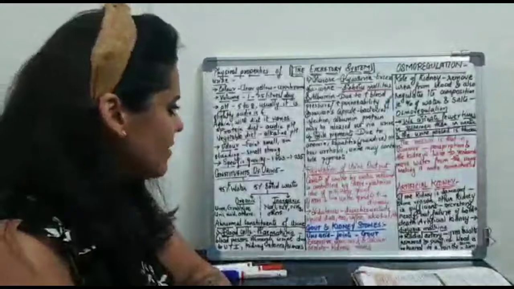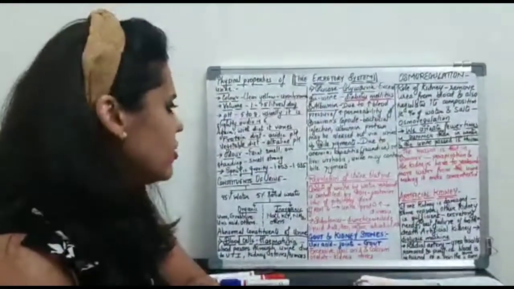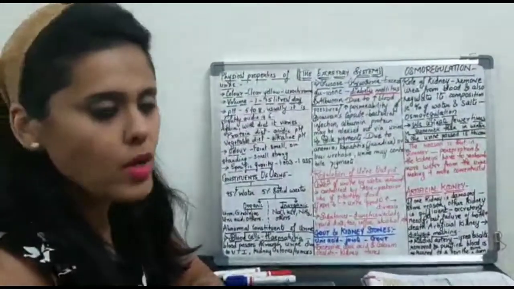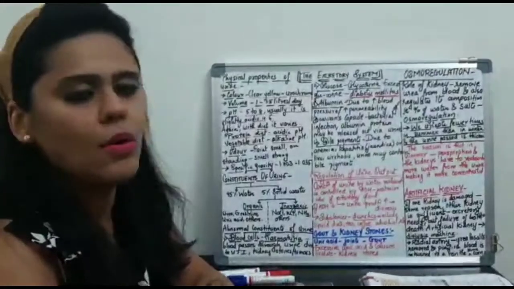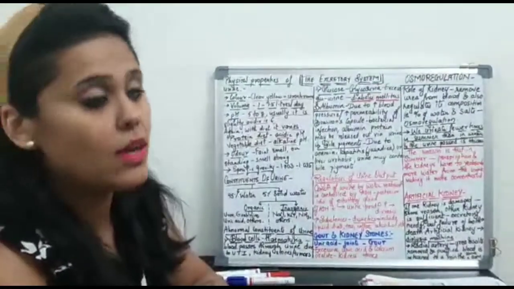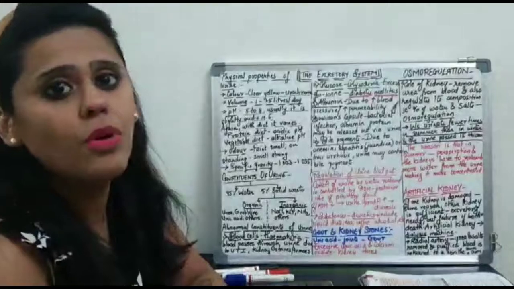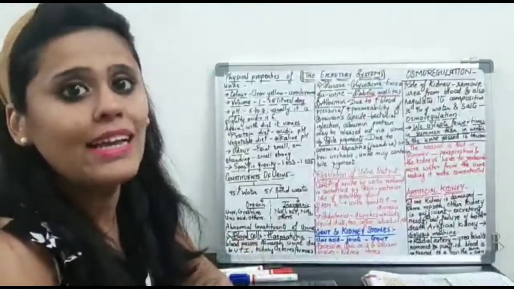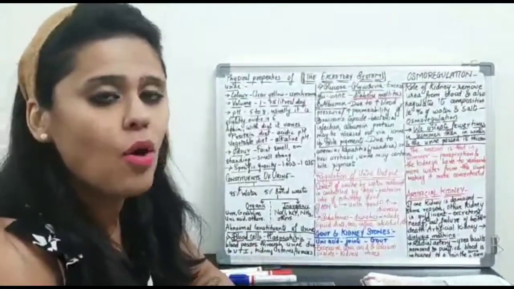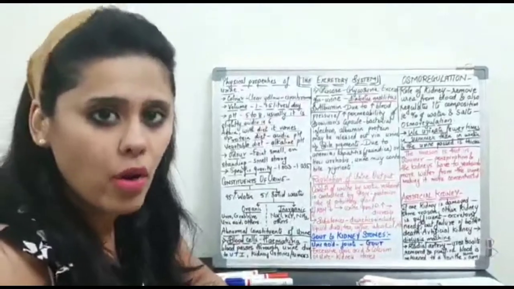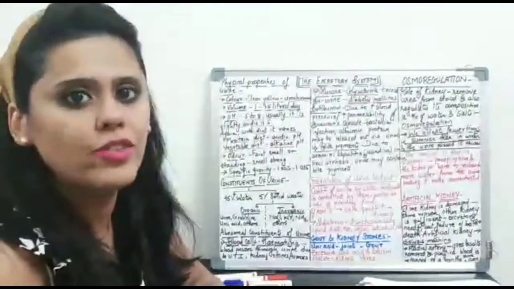The next part of this slide talks about the regulation of urine output. We all know that urine is released under the stimulus of the brain. Apart from that, there is a hormone which also controls the excretion of urine, and that hormone is antidiuretic hormone, also called vasopressin.